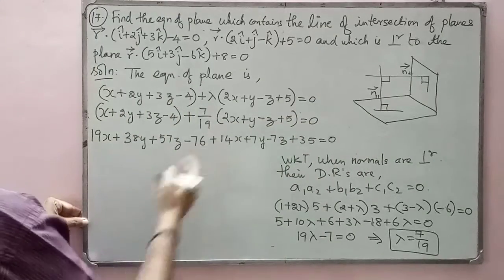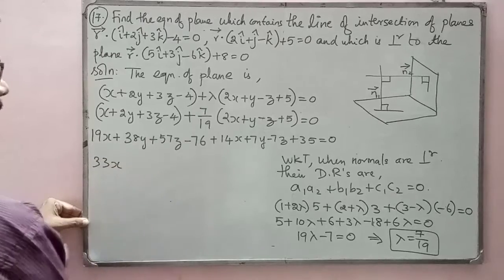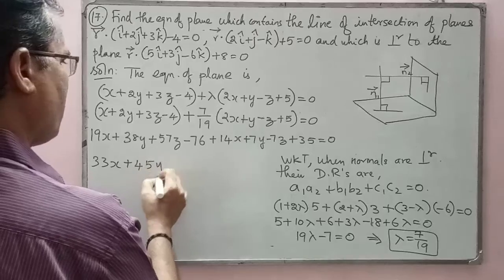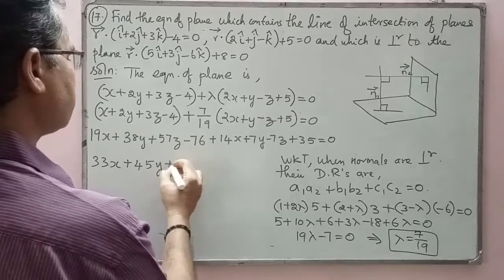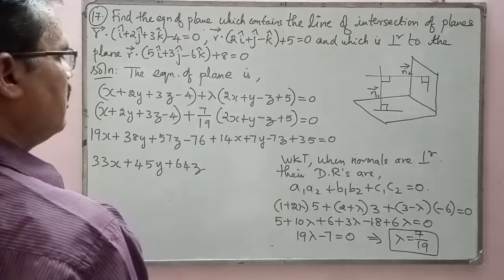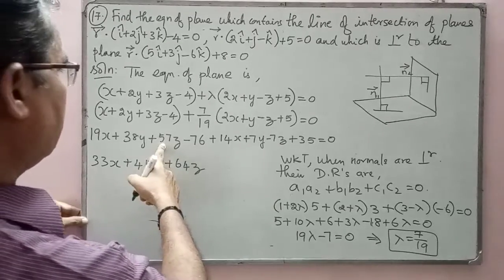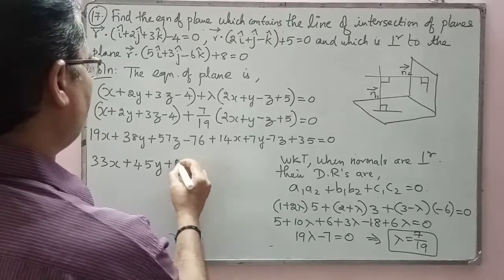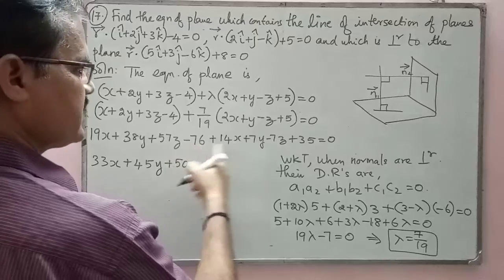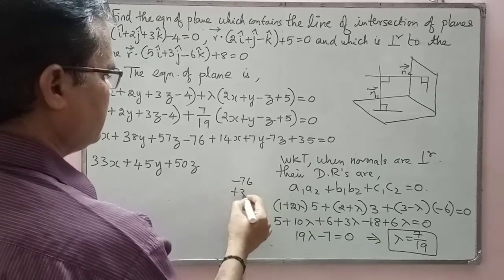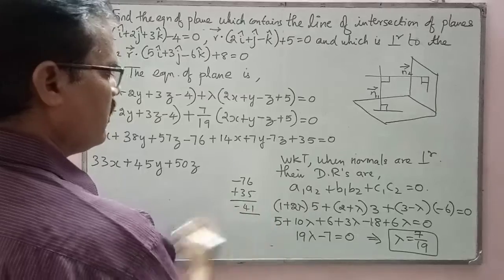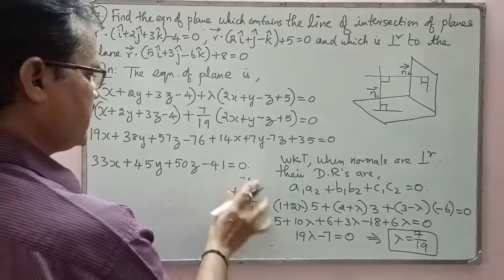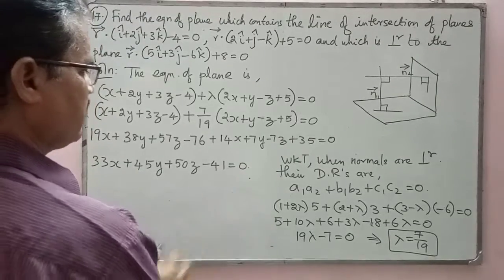Now 19 plus 14, 33x. 38y plus 7y, 45y. 57z minus 7z is 50z. Minus 76 plus 35, minus 41, equals 0. So this is the required equation of the plane, children.